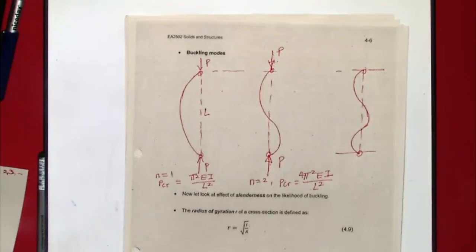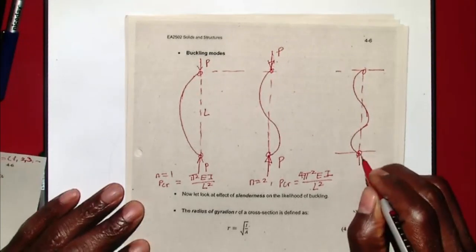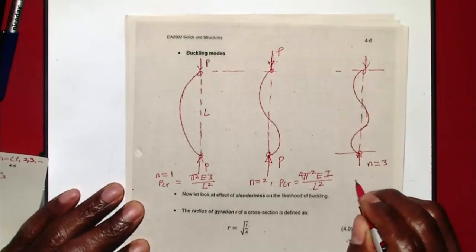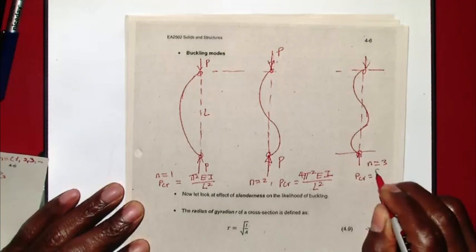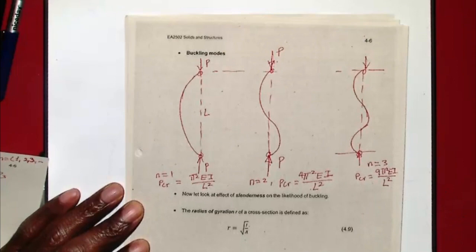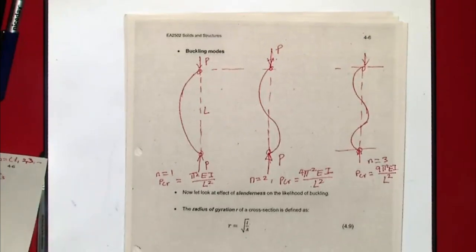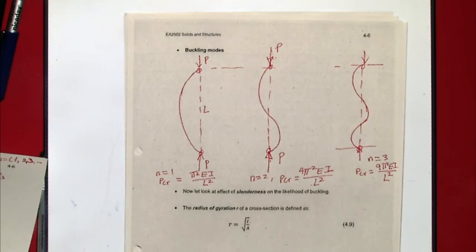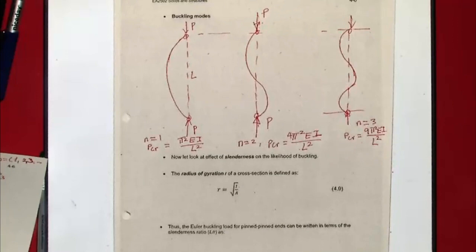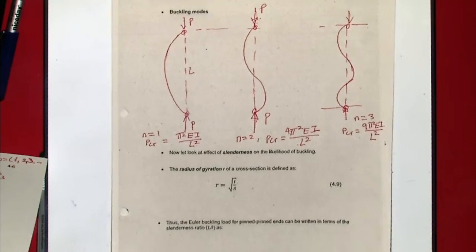The load is here, N is 3, and the critical load is 9 pi squared EI all over L squared. That is 9 times the load required for the first mode. That's why we always look at what load is required for the first mode to take place, because that is the one that is likely to be the main mode of failure.